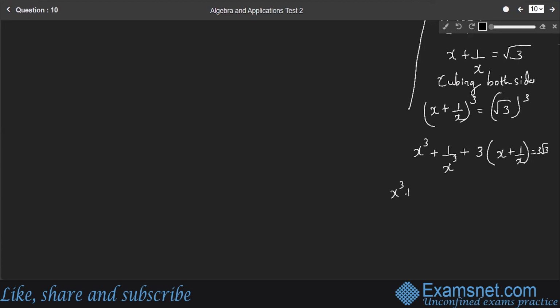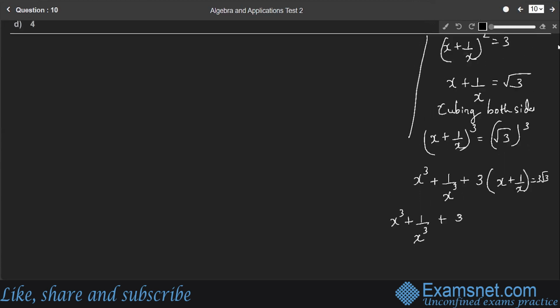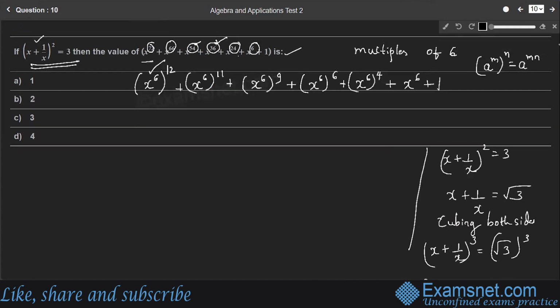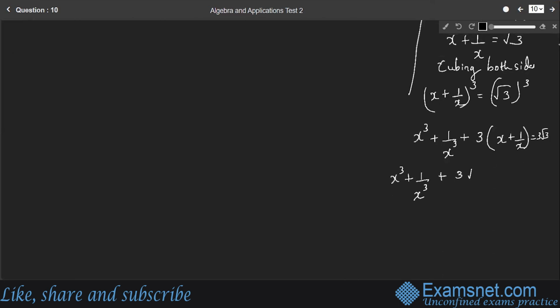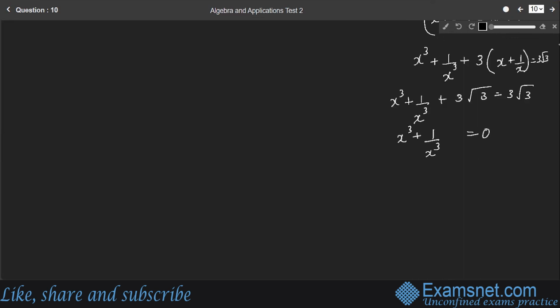Therefore, x cube plus 1 by x cube plus 3 into x plus 1 by x, which is root 3, is equal to 3 root 3. So 3 into root 3 is 3 root 3. Therefore, x cube plus 1 by x cube is equal to 0. Therefore, we'll take x cube as LCM. The numerator becomes x cube into x cube, x raised to 6, plus 1 is equal to 0.